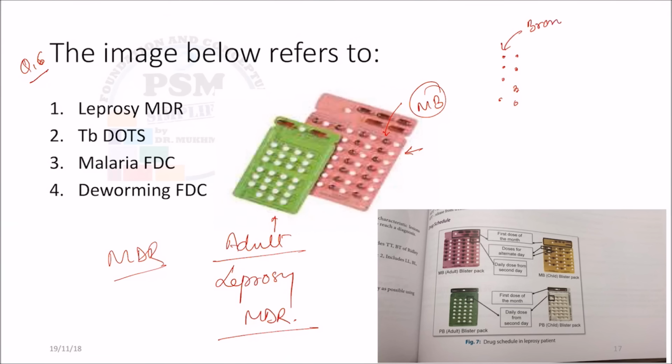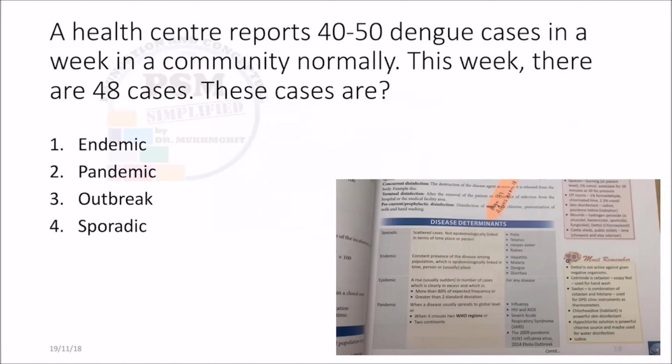The brown color tablets are nothing but clofazimine tablets, and the white color tablets are the dapsone tablets. So this is what I have shown you in this diagram. These white color tablets are the same as dapsone tablets. So that is about question number 16.